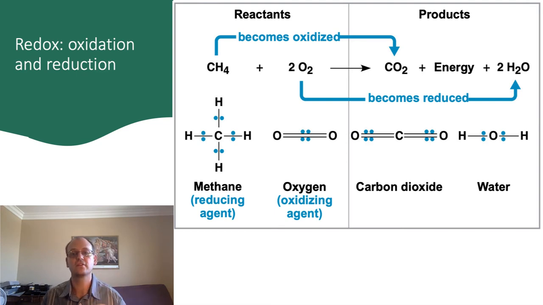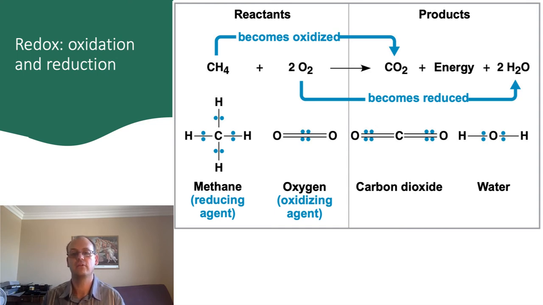Reactions in which electrons are moved further away from an atom or closer to an atom are also considered redox reactions. In this example here, methane has a carbon atom that shares electrons with hydrogen atoms. Both atoms have approximately the same electronegativity and therefore share electrons approximately equally.